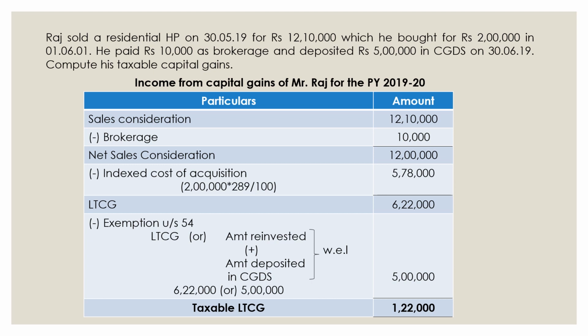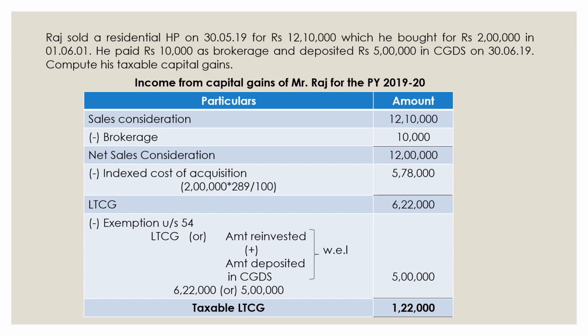With the information on the date of purchase and date of sale, we can understand that this residential house property is a long-term asset, and Mr. Raj is an individual, and hence we can claim section 54 because he is selling a residential house property and depositing the money into CGDS.